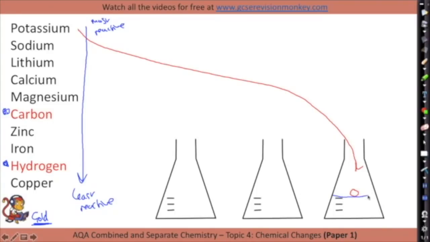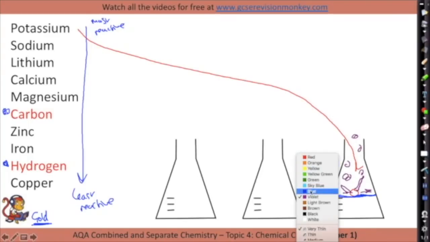In fact, potassium would float on top of the water because it's got a low density, from group 1, and it would react vigorously, perhaps producing a flame as well, and fizzing around on top of the water, producing lots of hydrogen gas. That would show that it was really reactive.